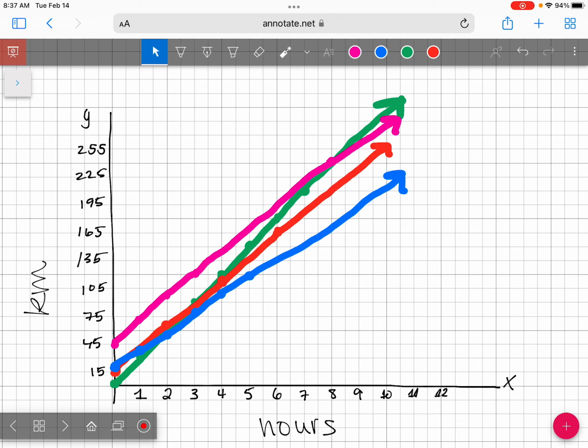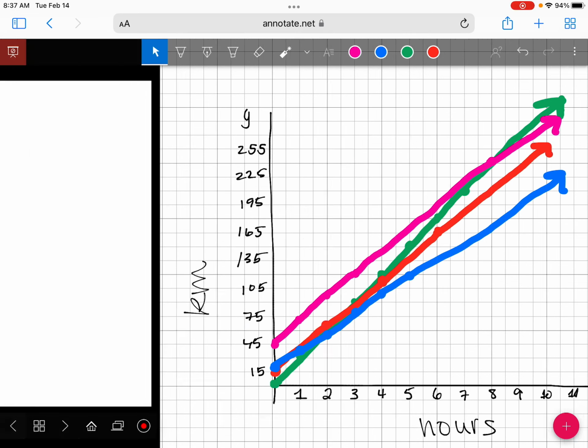Looking at your graph, where do Ryan and Dan's lines intersect? Yeah, Drew. Can you go back to see, for me to see which color is which? Oh, yeah, sorry. So Ryan is green and Dan is pink. Okay?